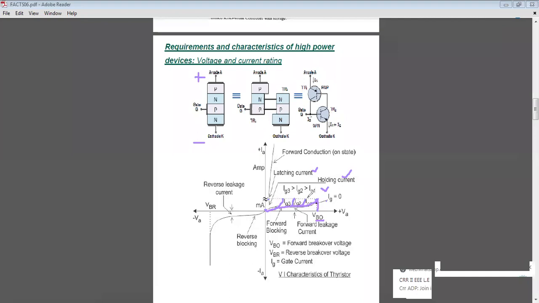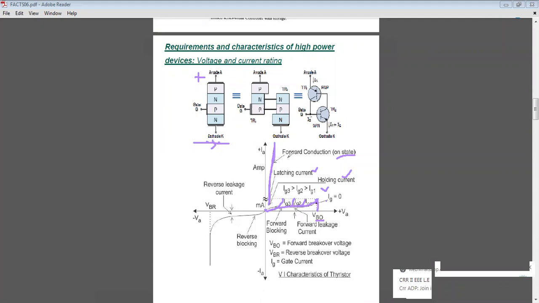So once it is on, it comes to the conduction state. This is called the forward conduction state or on state. Even during this state we consider some voltage very close to zero, but the current is very high, so definitely losses will be there even during the on state.